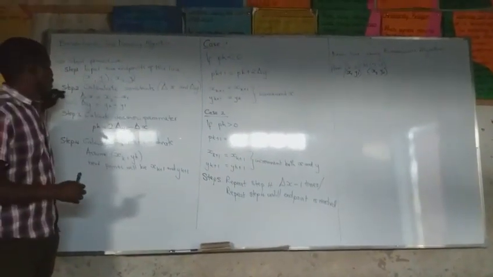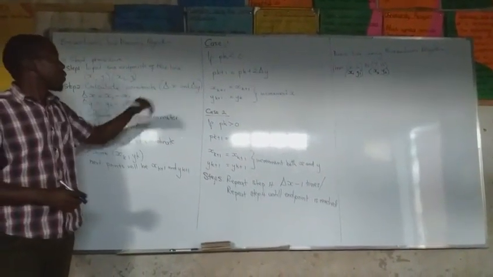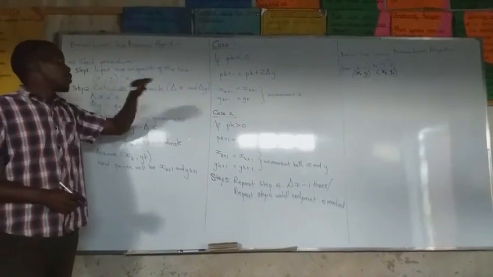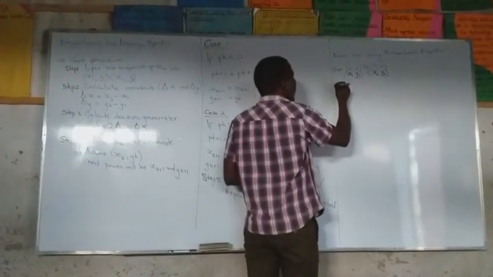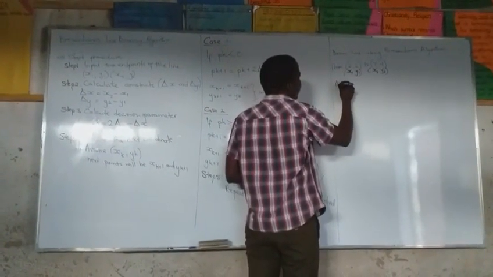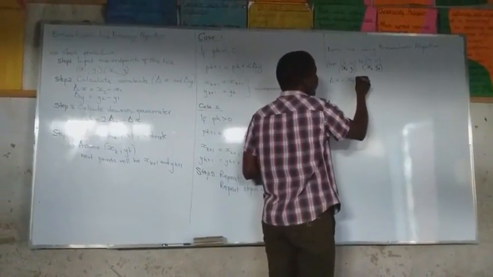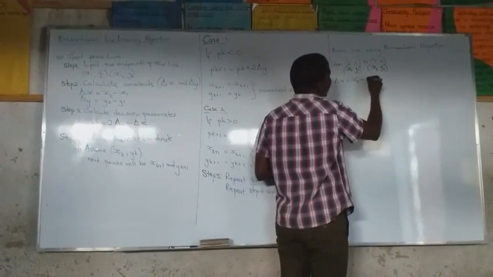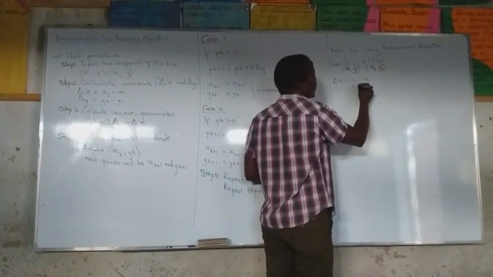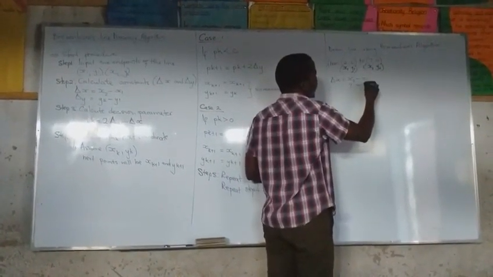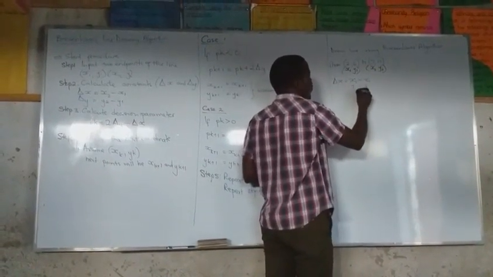Step 2, we are calculating the constants. That is delta x, delta y, 2 delta x, 2 delta y. Right, so let's calculate. Delta x is calculated by subtracting x2 minus x1. So our x2 is 7 minus x1 is 2. So 7 subtract 2, you get 5.